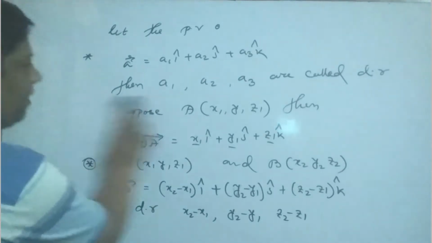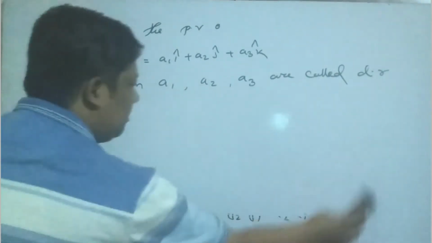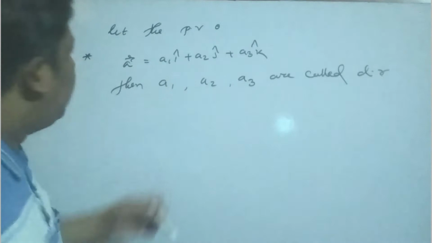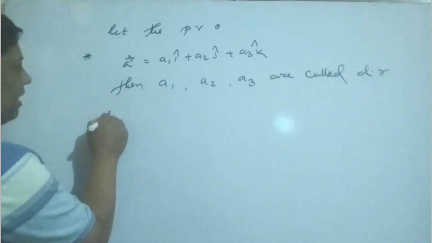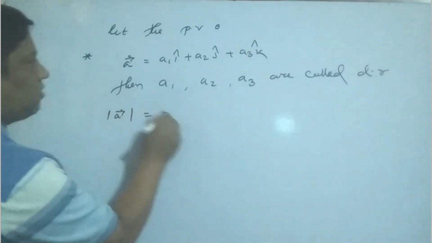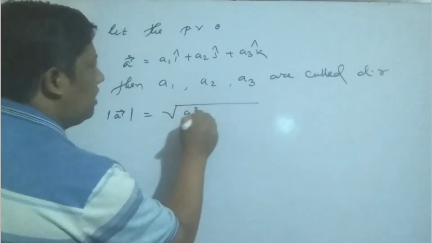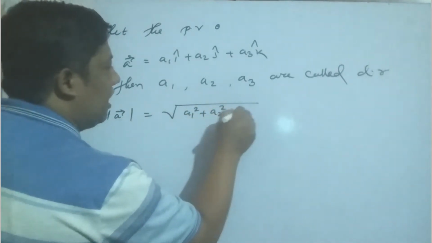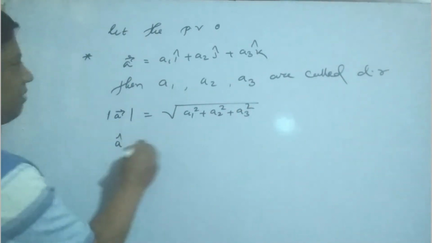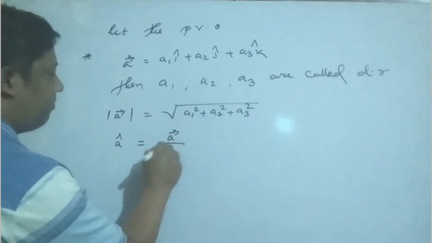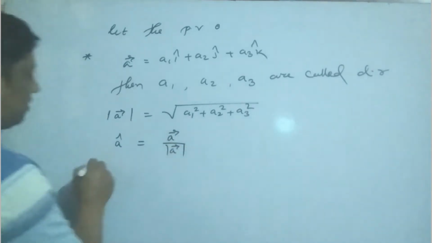So suppose you have to find the magnitude or unit vector. Magnitude of a vector is given by under root of a1 square plus a2 square plus a3 square. Then unit vector is given by vector upon magnitude. It is called the unit vector.